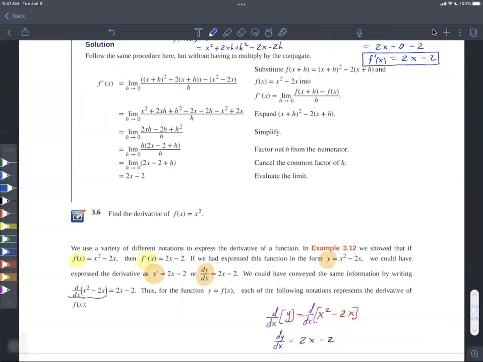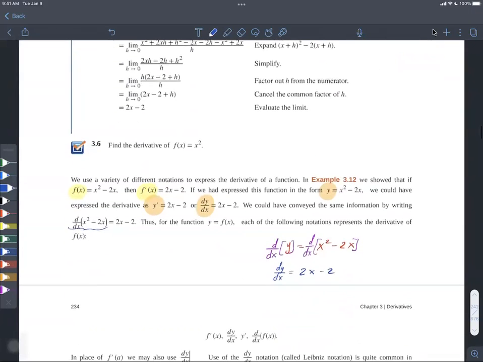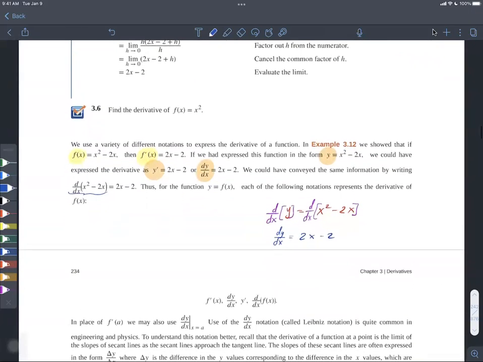Thus, for the function y equals f of x, each of the following notations represents the derivative of f of x. So we mentioned f prime, dy dx. You can use y prime or d dx of the function f of x. The more common ones are probably f prime, dy dx, and then y prime.